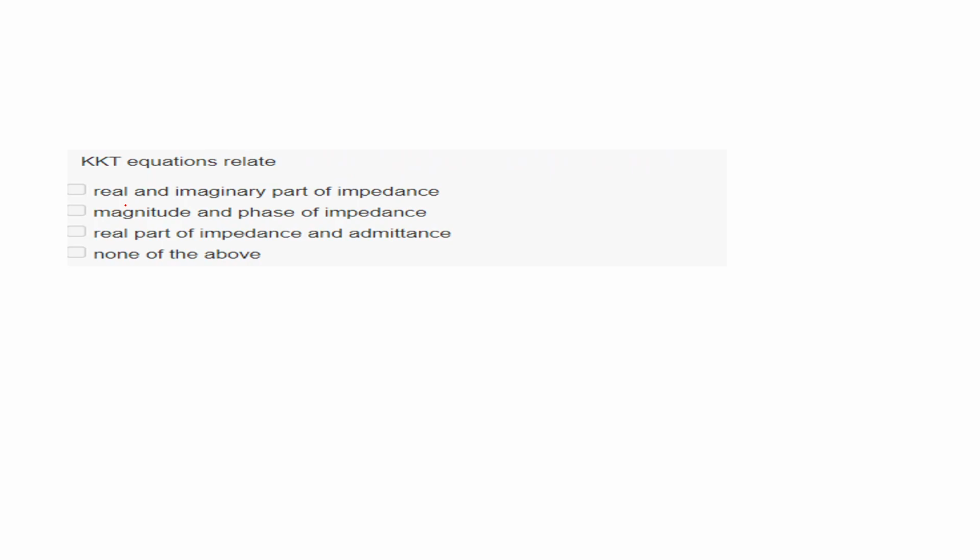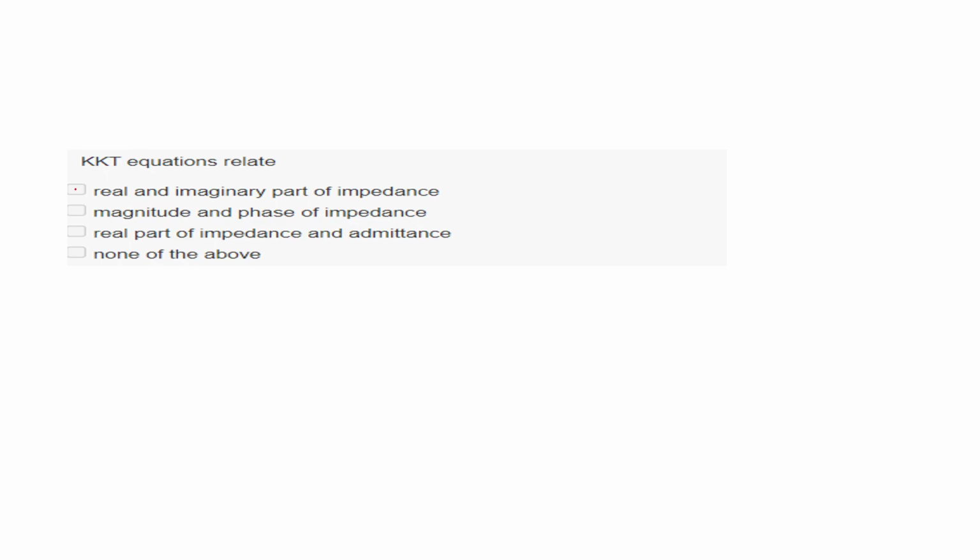Now, the KKT equation relates: real and imaginary part of the impedance, magnitude and phase of the impedance, real part of the impedance and admittance, or none of the above. What is it? Real and imaginary part of the impedance.